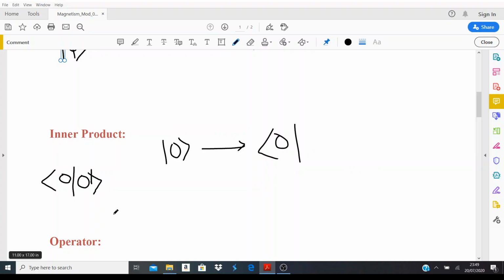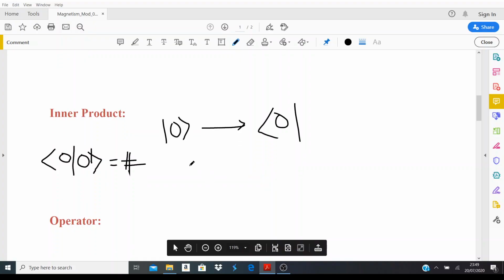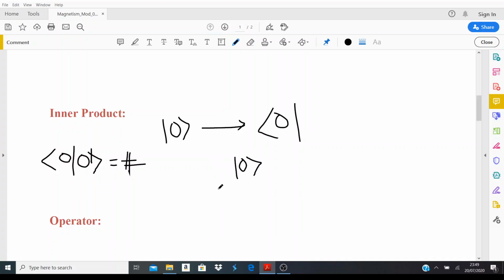This is a notation for the inner product, and this will produce a number. And if you want to know the wave function of this ground state, you need to perform the inner product with the position bra vector. That will give you the wave function form of this ground state. So that's another concept, very important for us.